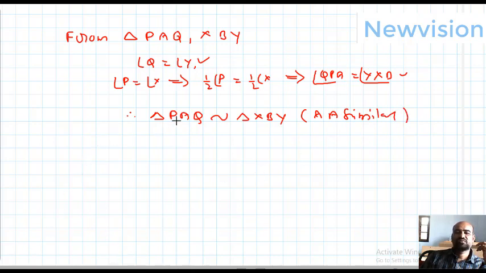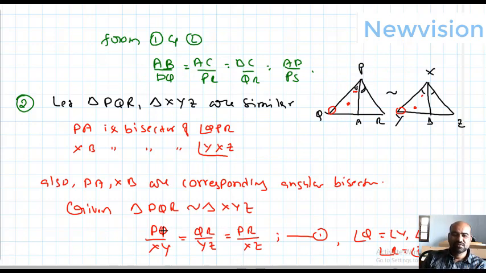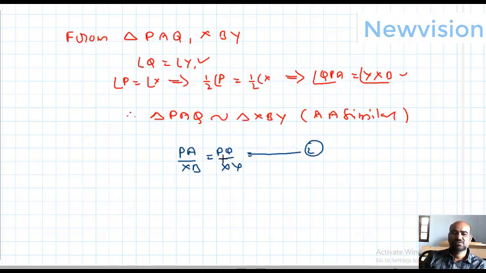Okay. So if two triangles are similar, their corresponding sides are proportional. So I can say PA by XB equal to PQ by XY is also equal to something. I don't want to write that. I take this as equation number 2. Now observe 1 and 2. In 1, PQ by XY, here also PQ by XY.